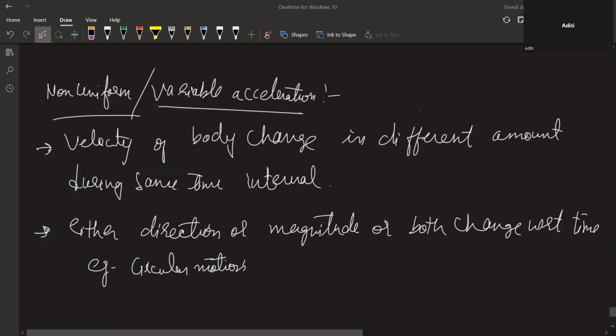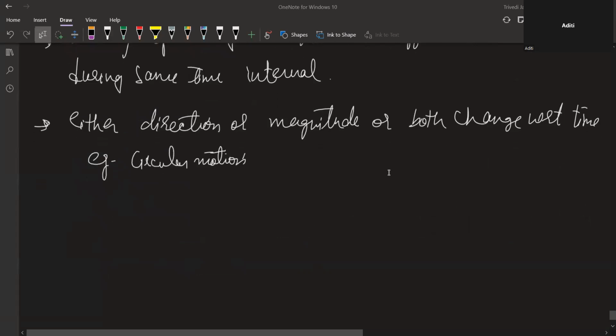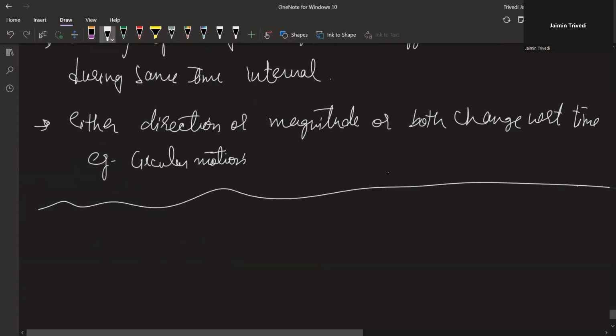Projectile? But projectile is also changing direction, right? Horizontal motion or linear motion. Yes. Okay, let's draw a graph for this.